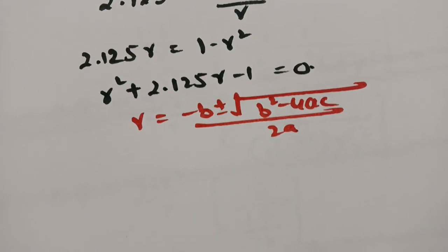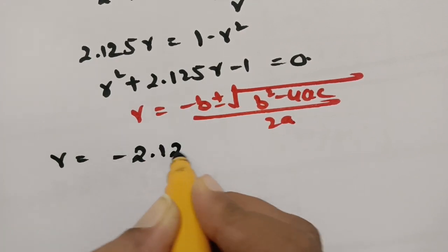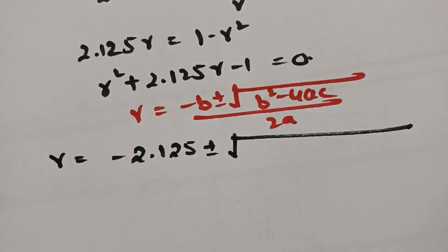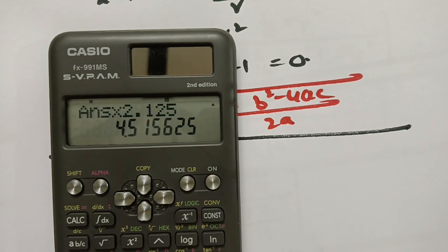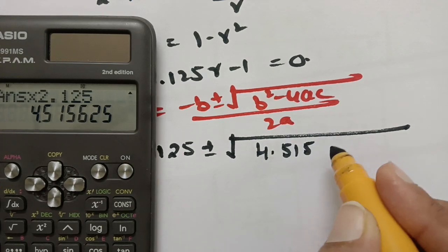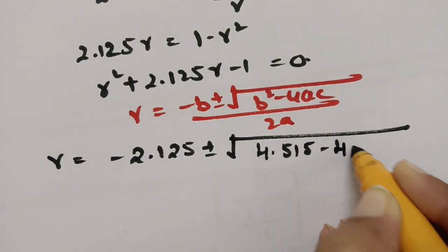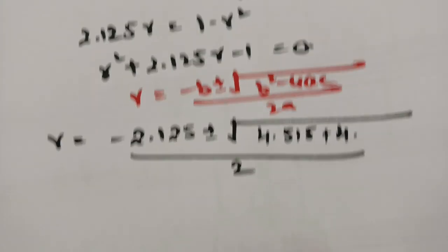So if I use this formula, then r value is equal to minus b, that is minus 2.125 plus or minus root over b square, which is 2.125 squared, the value here is 4.515, minus 4 times a into c.